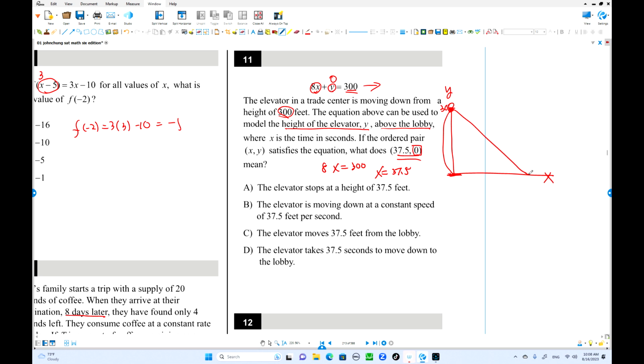Where is this point? Here you go. After 37.5 seconds, the elevator moves down to what? The lobby. That's it, okay? So which one is the answer? Choice D, okay? The elevator takes 37.5 seconds to move down to the lobby.